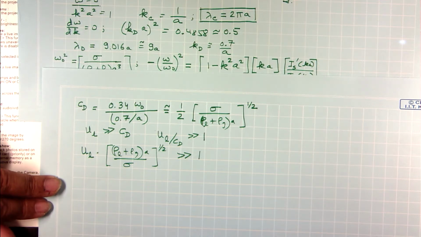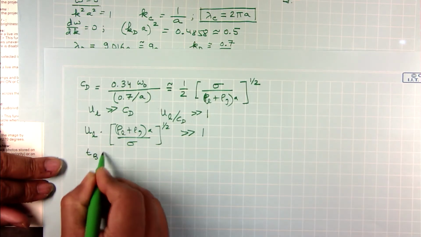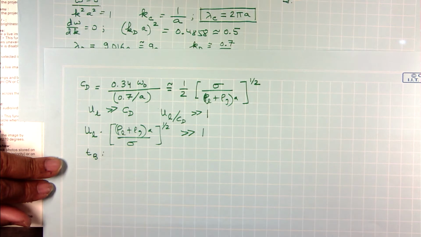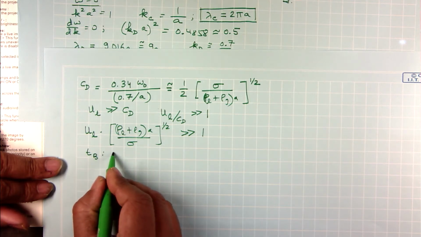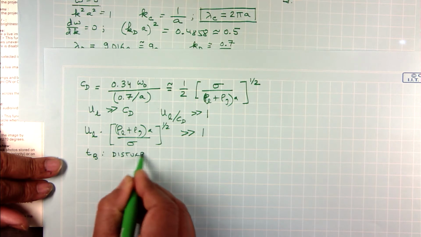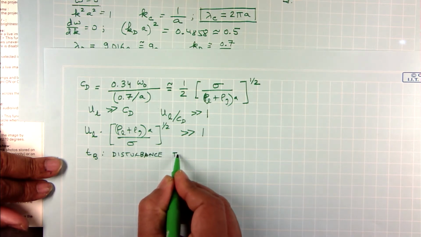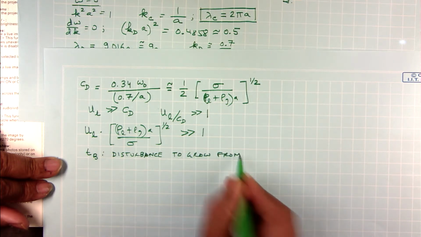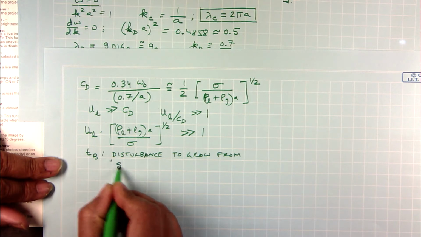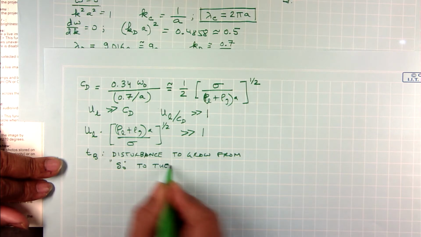So, let us assume Tb is the time it takes the disturbance to grow from a very small value, from a value of delta naught, a very small value, to the jet radius A.